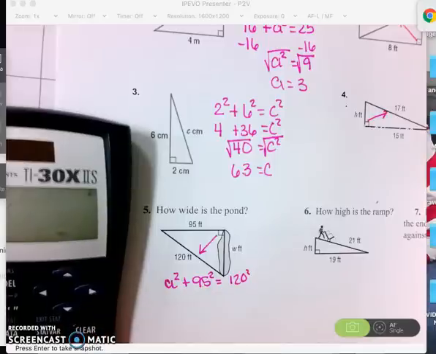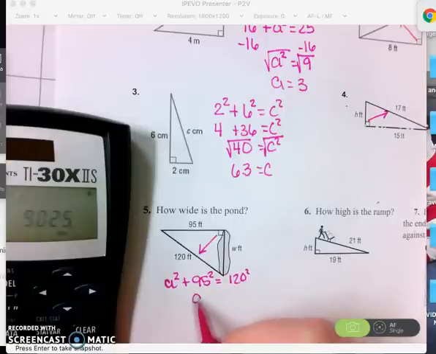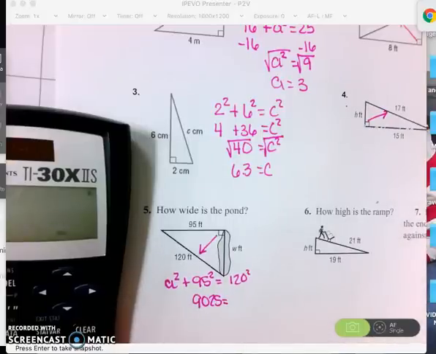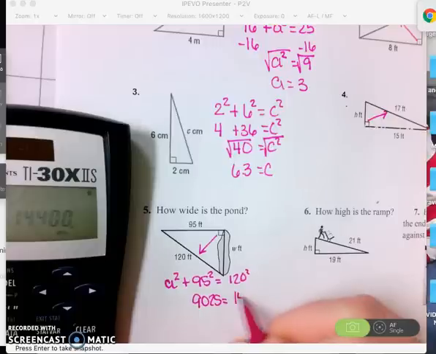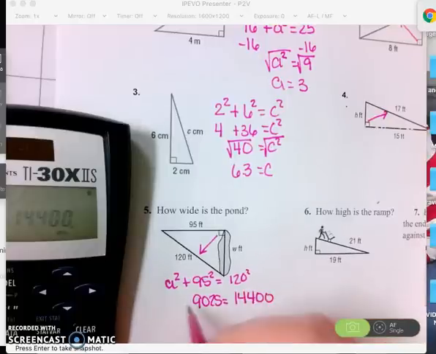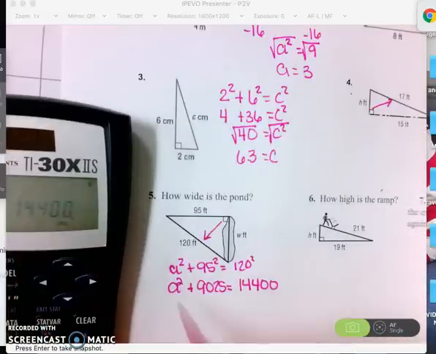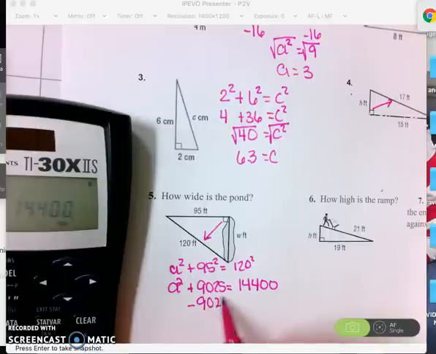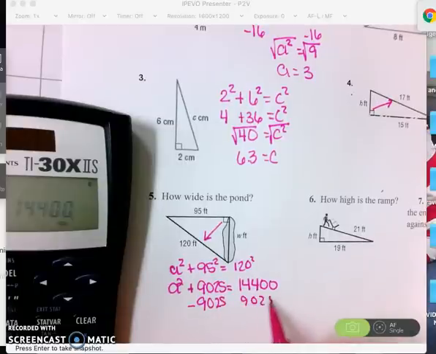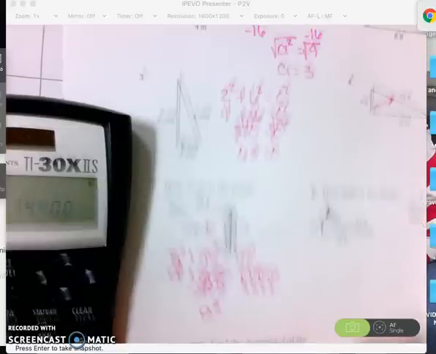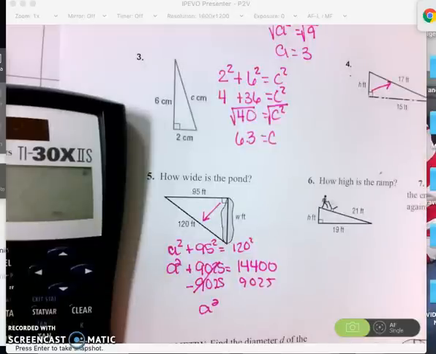So 95 squared is 9025. 120 squared is 14400. Then I need to subtract 9025 from both sides. So a squared is left because this goes away. I'm just going to take my answer and do 14400 minus 9025.